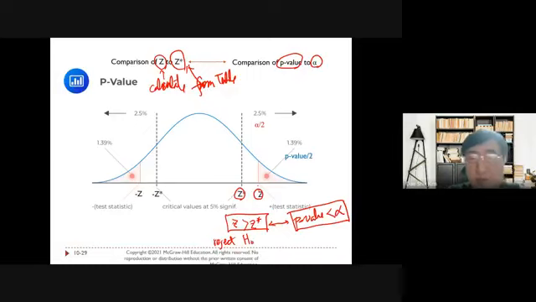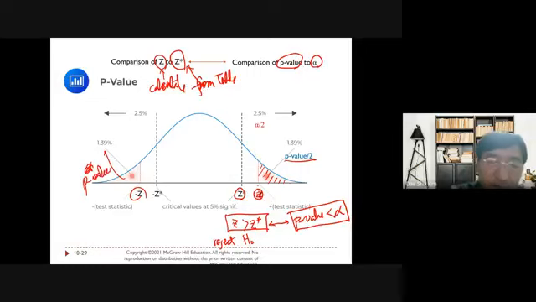H0. But the p-value definition is this: when you calculate the Z value, your minus Z is here, then this percentage will have alpha, another half alpha, and half p-value.